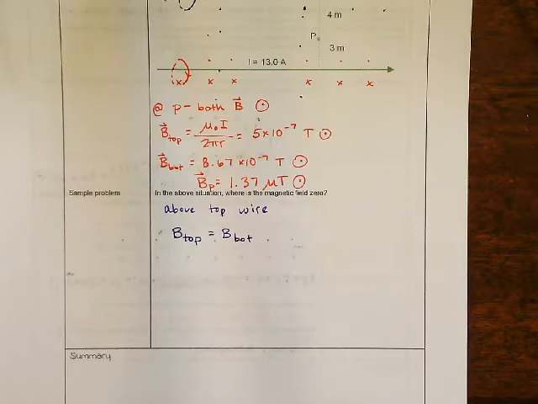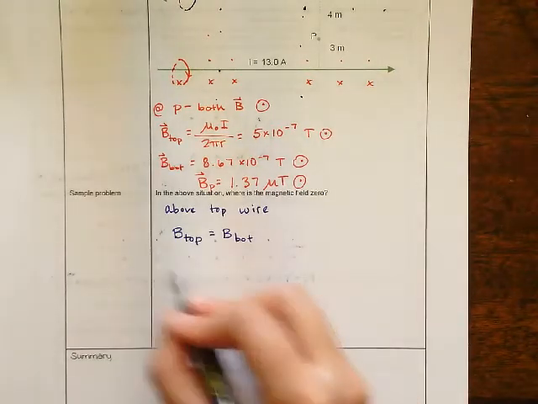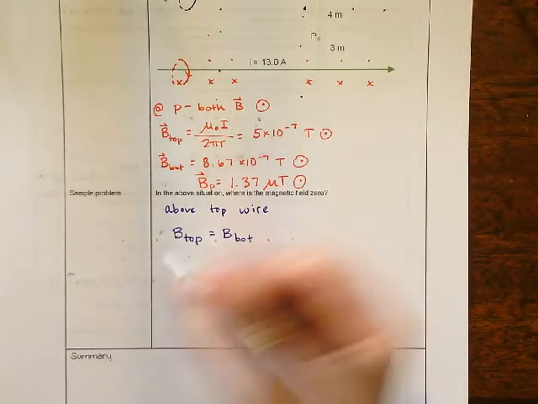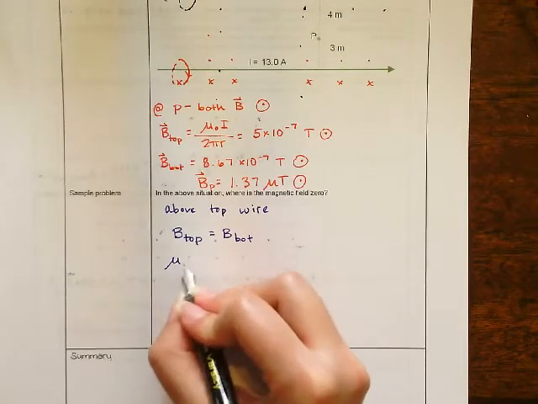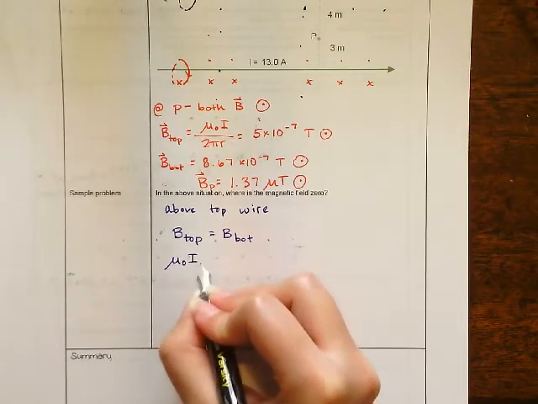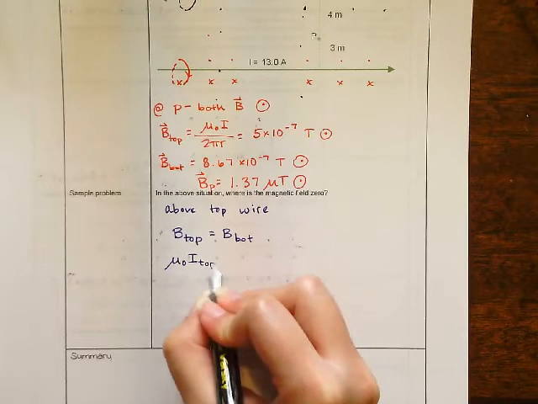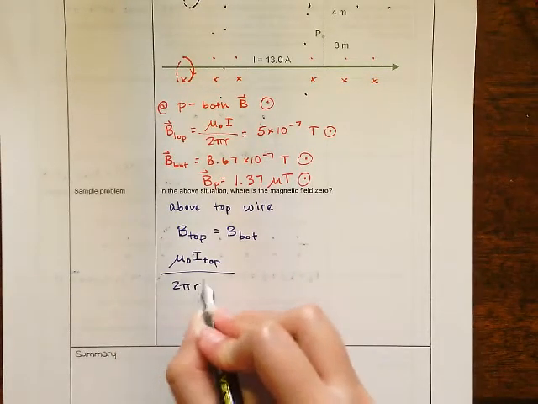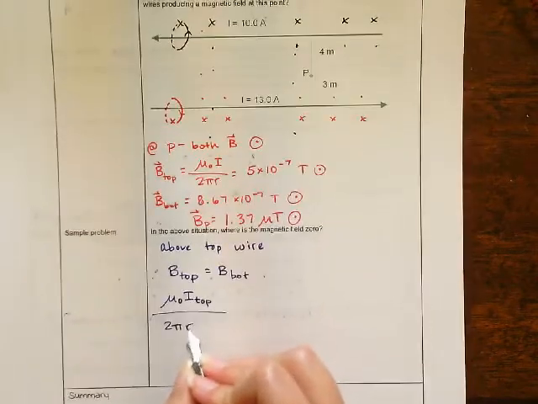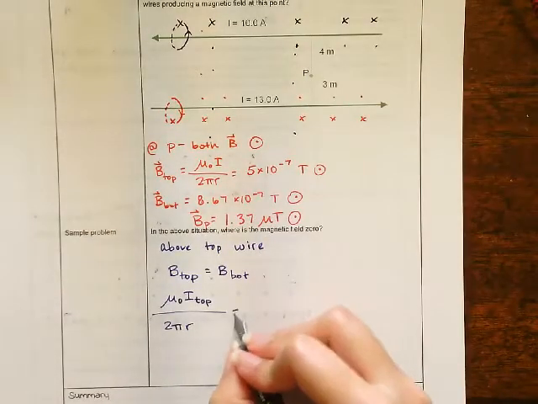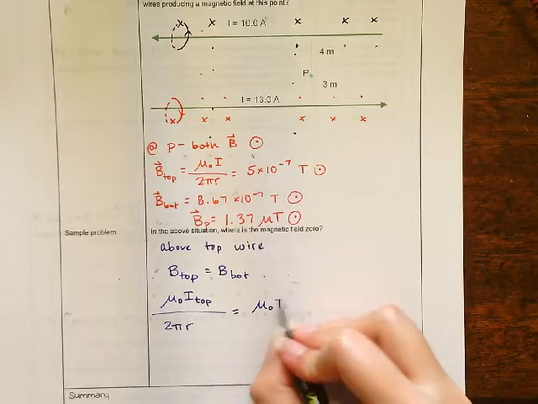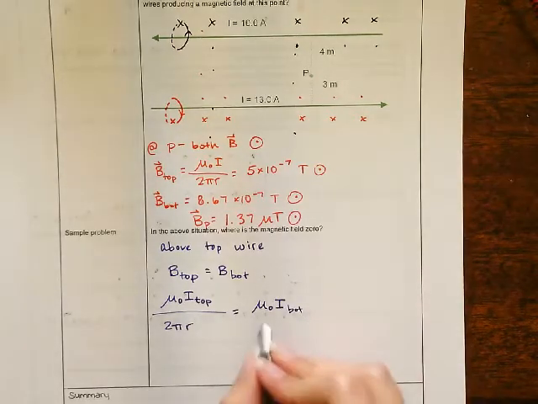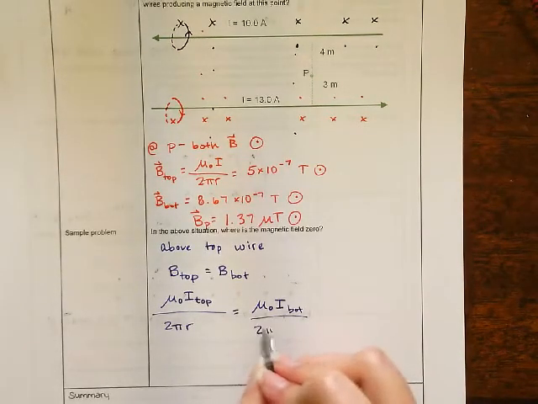So to mathematically figure this out, let's measure from the top wire. So mu naught I top over 2 pi r, where r is measured above the top wire, and that's going to be equal to mu naught times I bottom over 2 pi.